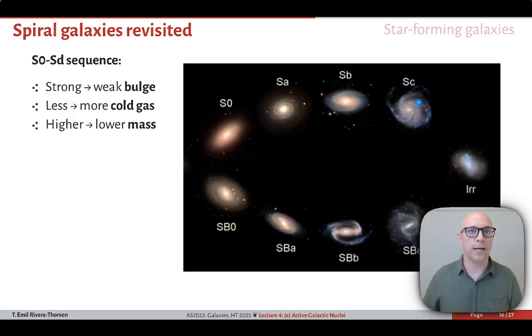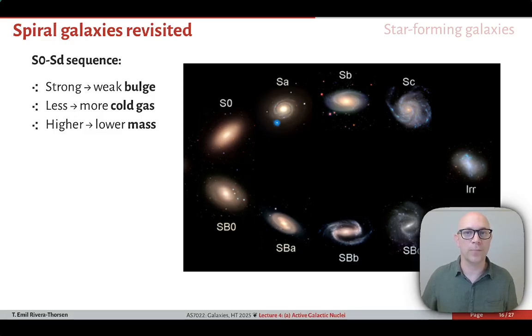If we revisit the S0 to SD sequence, we see that the S0, the lenticular galaxies with or without a bar, have basically no spiral arms, but very large bulges. As we move further out the sequence, the bulges grow smaller and less dominant.